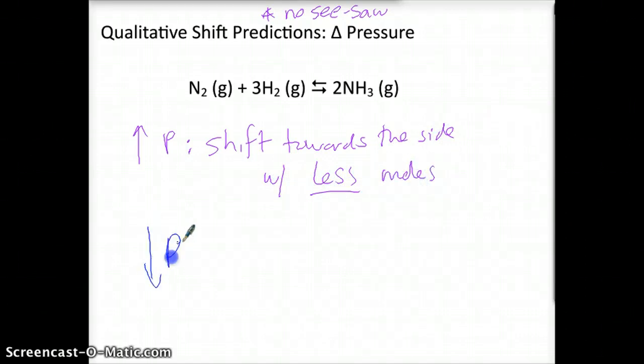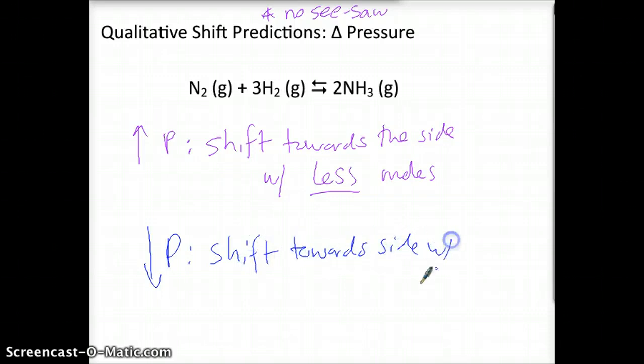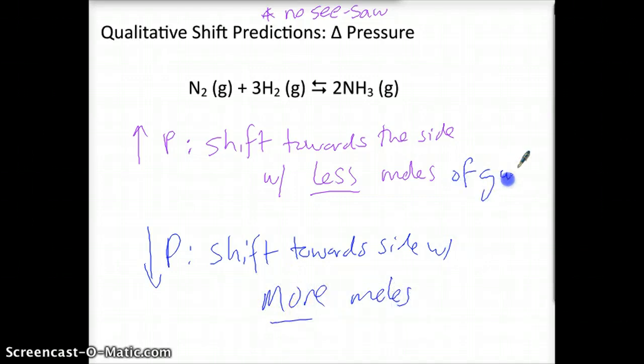If you decrease pressure, we shift towards the side with more moles. And I should add, of gas.